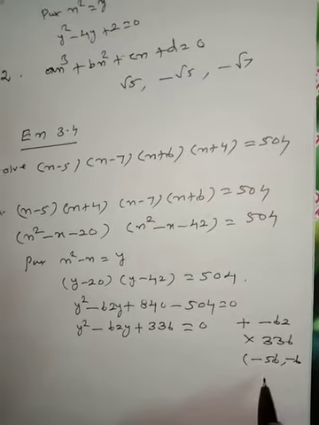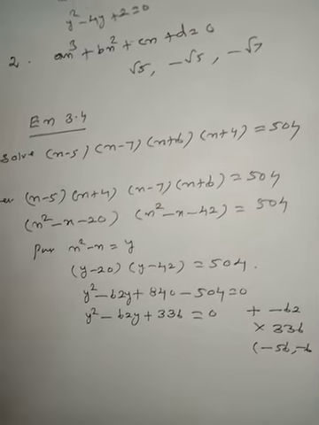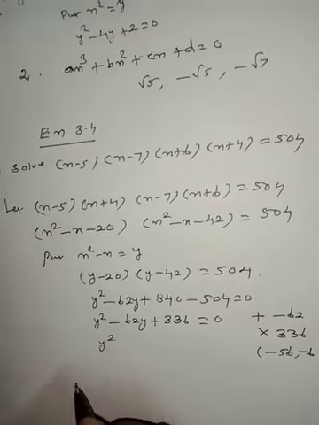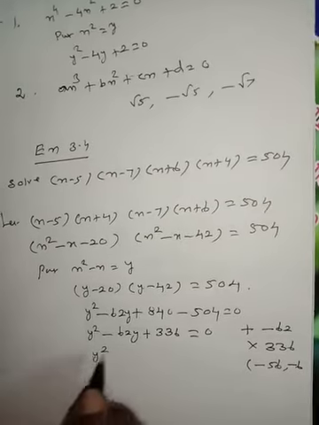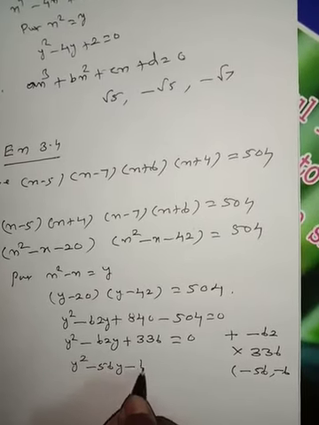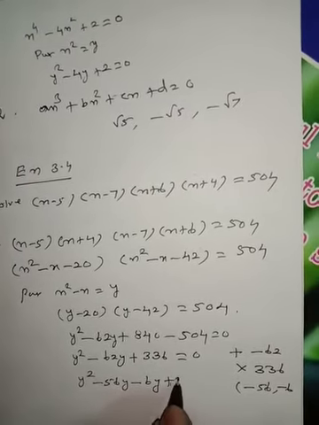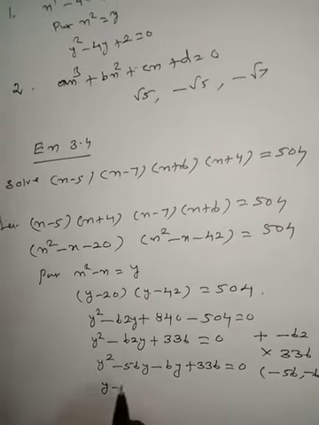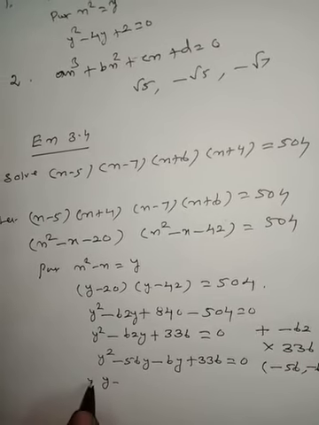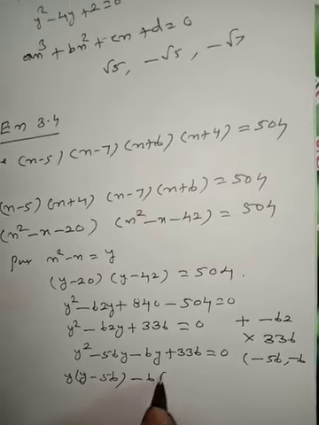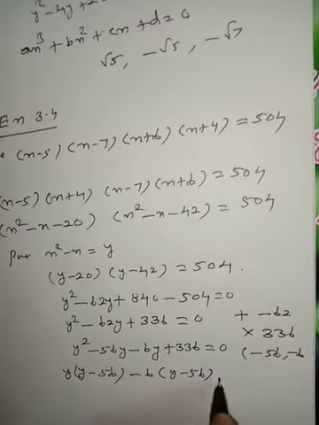Adding these gives minus 62, and the product gives 336. So y square minus 56y minus 6y plus 336 is equal to 0. Factorizing, y into y minus 56 minus 6 into y minus 56 is equal to 0.